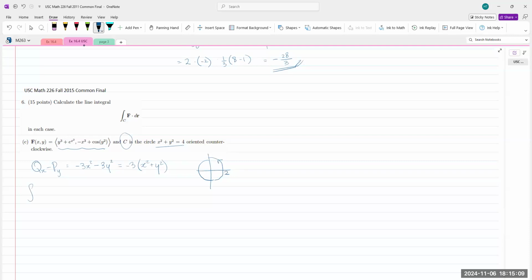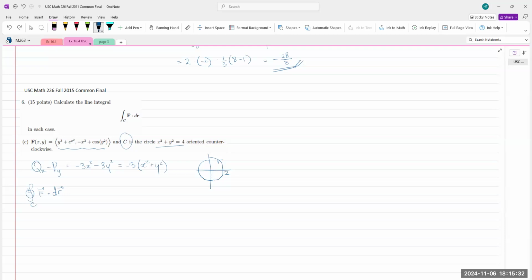So that's the integral over closed curve C of f dot dr. By the way, do not use this closed curve notation if the curve is not closed. But if the curve is closed, you can use that closed curve notation on the integral.